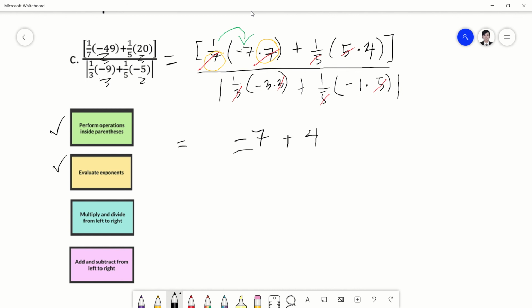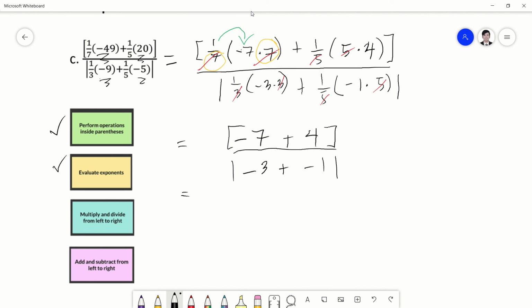And then you have 1/3 times negative 3 times 3, but the 3 is already cancelled out. So you have negative 3. Plus, this would be 1 times negative 1, negative 1.